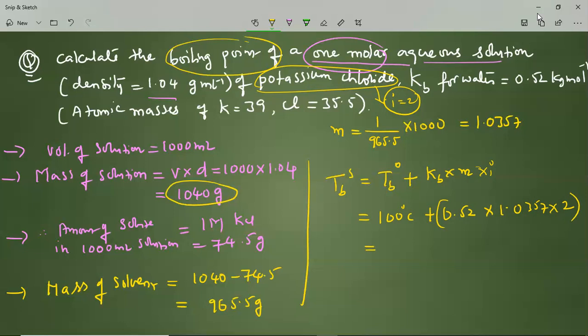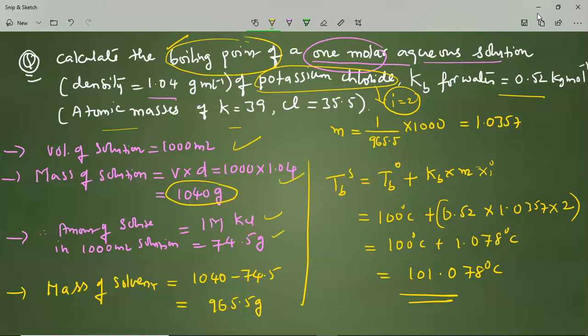That is 100 degrees Celsius plus this product, 1.0178 degrees Celsius, and the total I got is 101.078 degrees Celsius. So this is the boiling point of a 1 molar aqueous solution of potassium chloride, with the Kb value given. So stepwise we have solved this one.